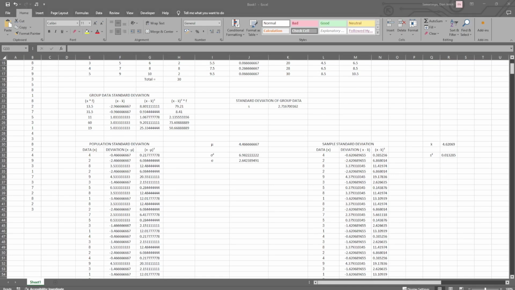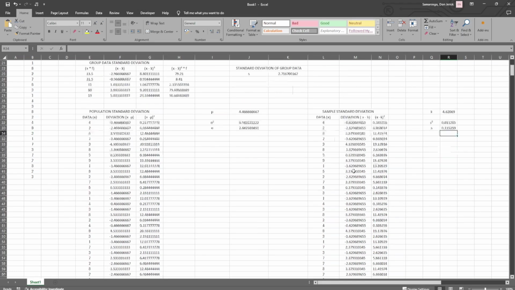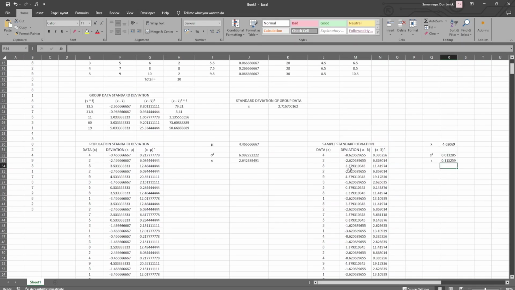We can now proceed to s, where s is equal to the square root of the s squared. Then done. Thank you for listening.